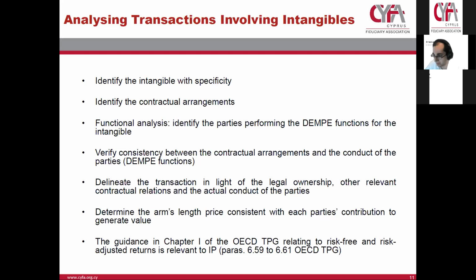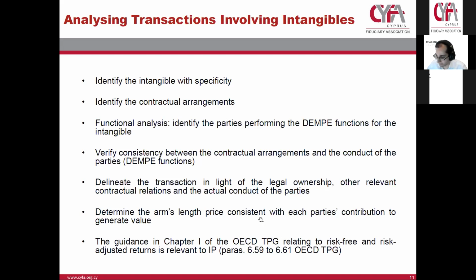If there is a mismatch between the contractual arrangements and the DEMPI functions, the DEMPI functions will override the contracts for transfer pricing purposes. And then, of course, the arm's length price for the transactions with the intangibles should be consistent with the transaction as accurately delineated and should remunerate the parties for their contributions in generating value.